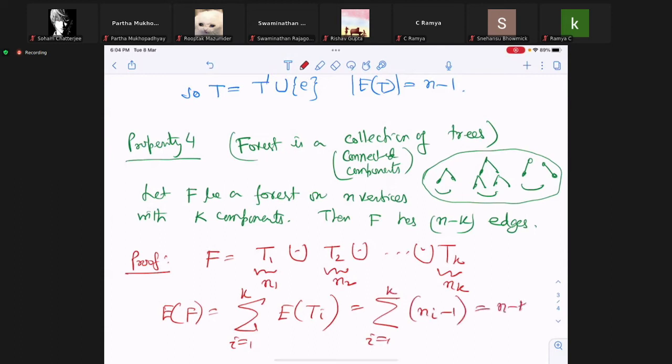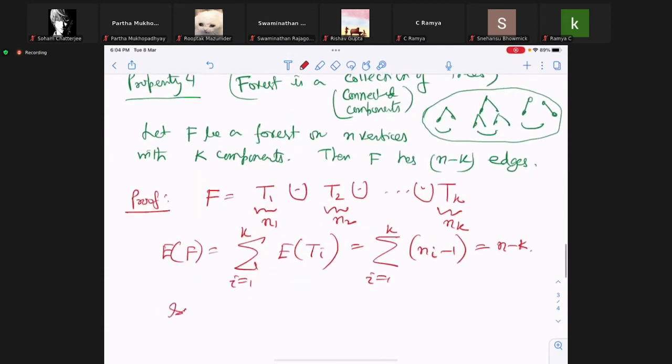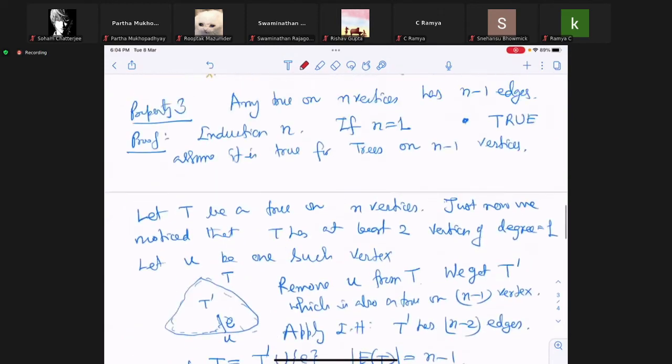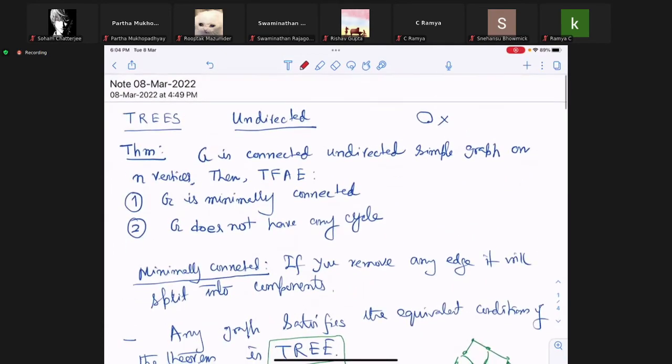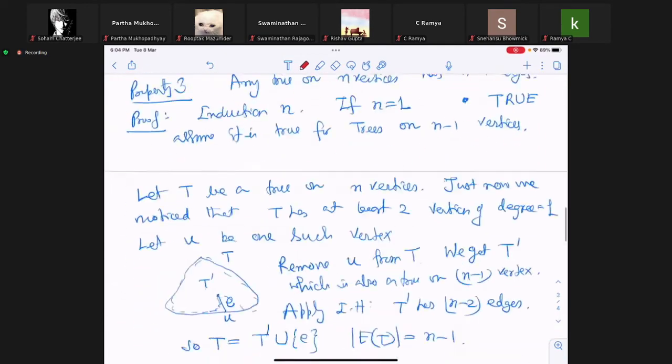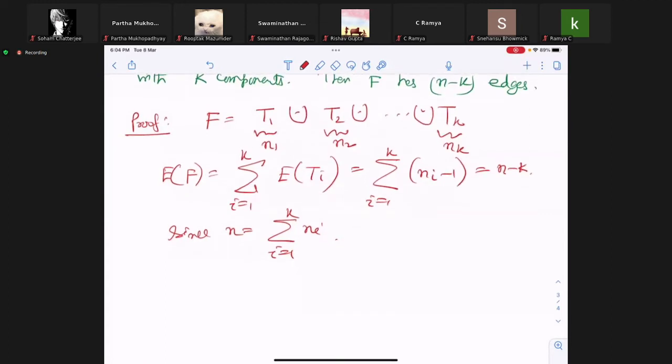That's just n minus k, since n equals the summation of ni. That's it. So these are the absolutely basic properties of trees that probably you already knew from other courses. I just refreshed it quickly. I think I took just 10 or 15 minutes.